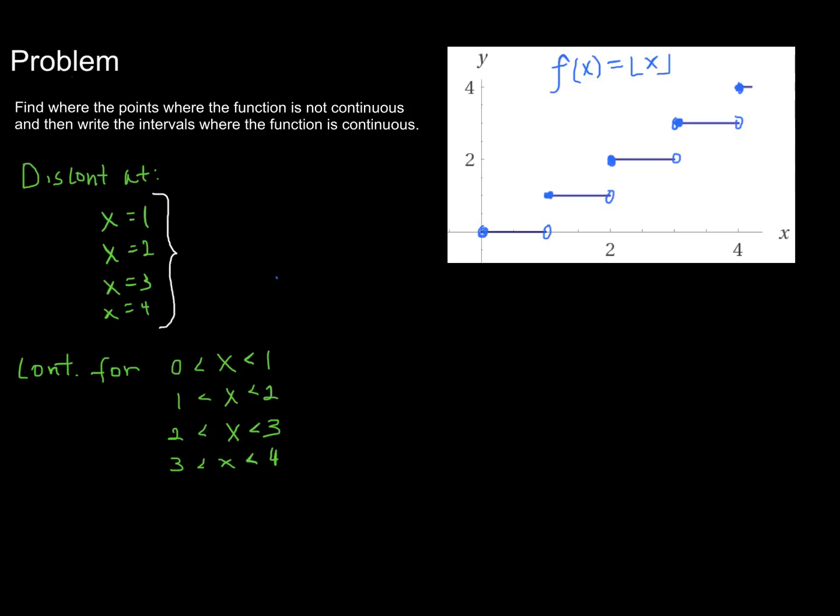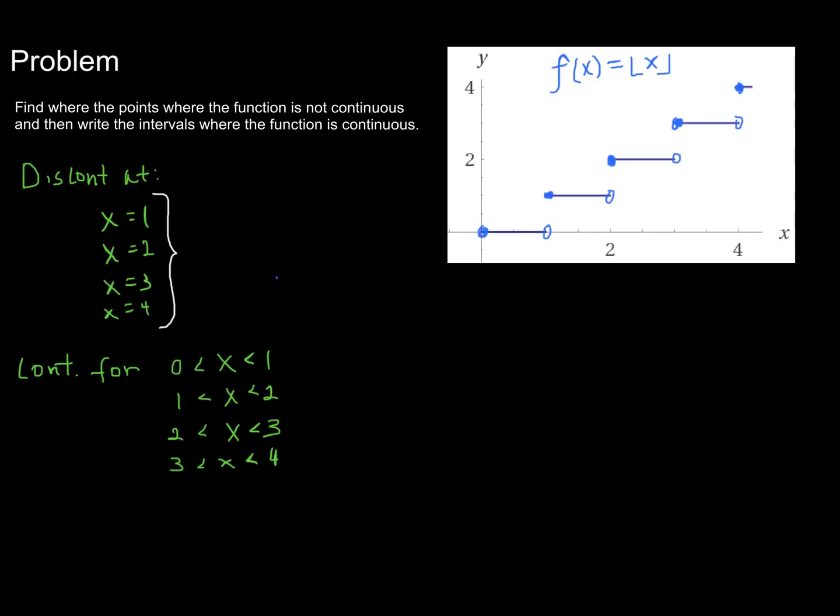If a function is not continuous, then one of those criteria of continuity at a point must not be met. What we need is that the limit as x approaches a value is equal to the function value for that x input. And this is not the case.